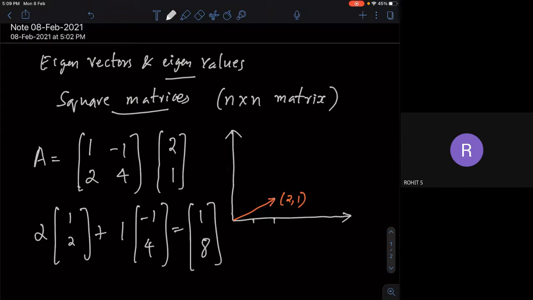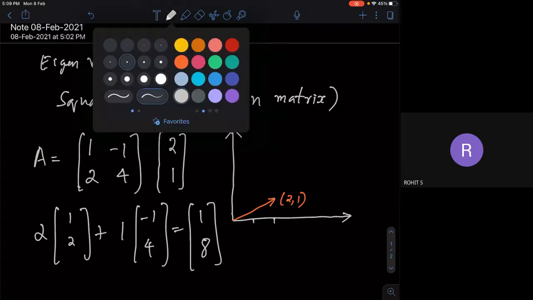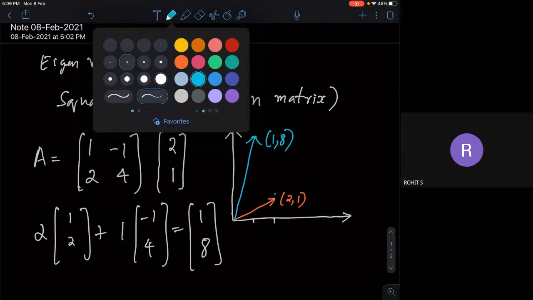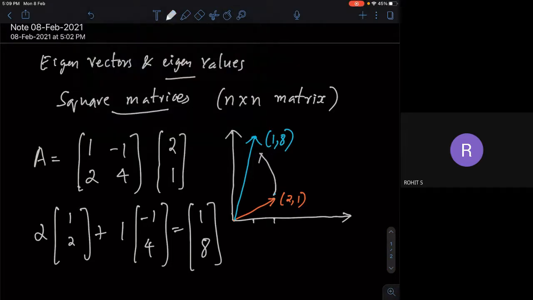So that's 1, 8. And that means this vector, once I multiply, is taken from here to somewhere here, right? So A takes you there. This is the vector x, and Ax basically takes you to this point.